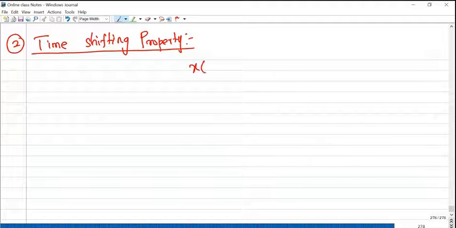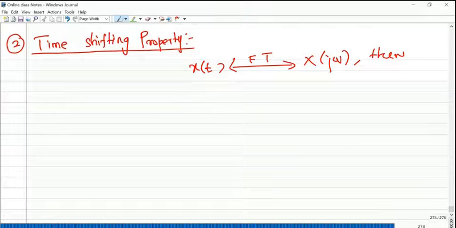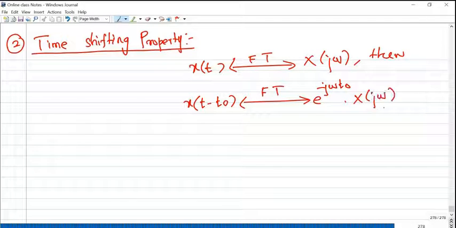What is the time shifting property? x(t), take the Fourier transform, the result is X(jω). Then x(t - t₀): if the input signal x(t), that particular continuous time signal, is delayed by t₀ amount of time, and you apply the Fourier transform, the result is equal to e^(-jωt₀) times X(jω). Okay, so this is the time shifting property.